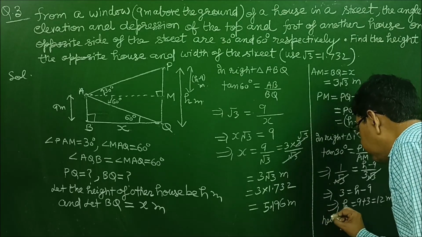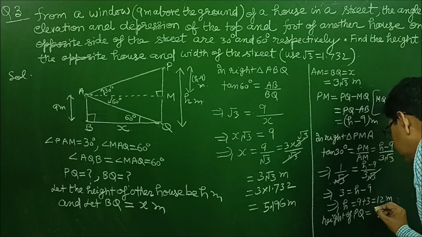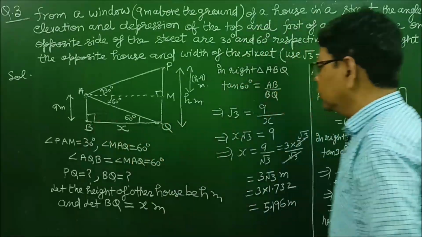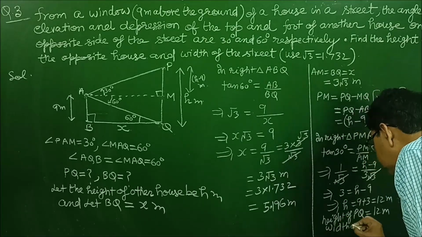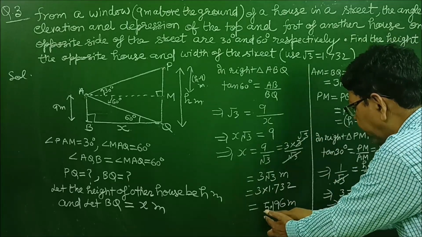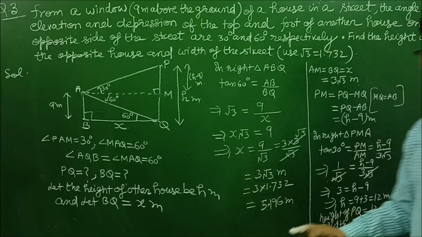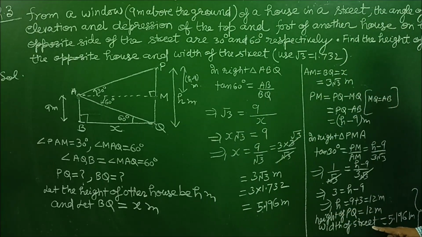So the height of the other house is 12 meter, and the width of the street which is BQ, we have calculated earlier, is 5.196 meter. So this is the final answer of the question. Height of the other house is 12 meter and width of the street is 5.196 meter.